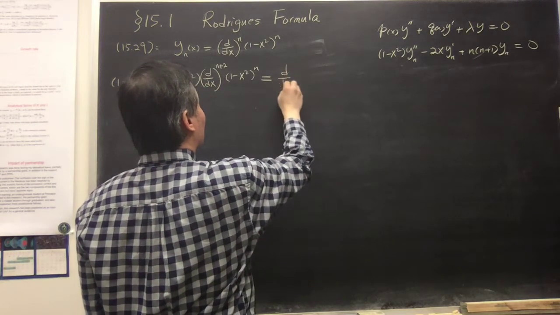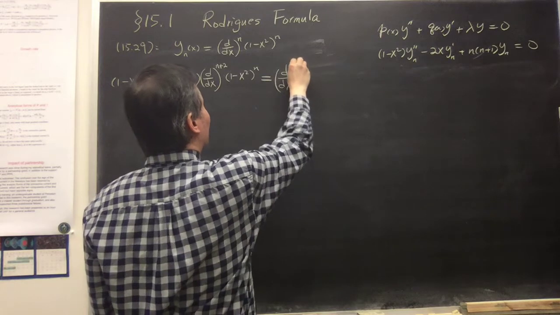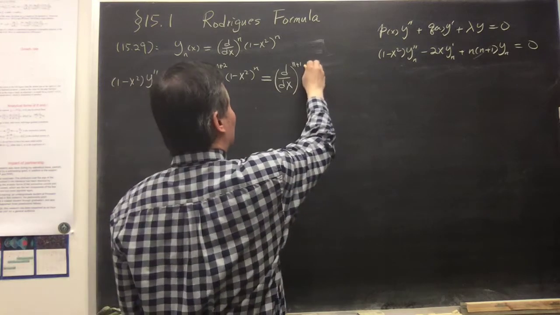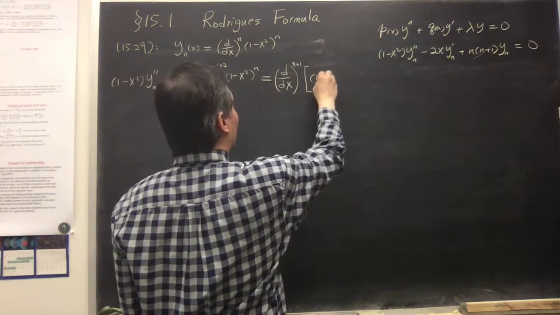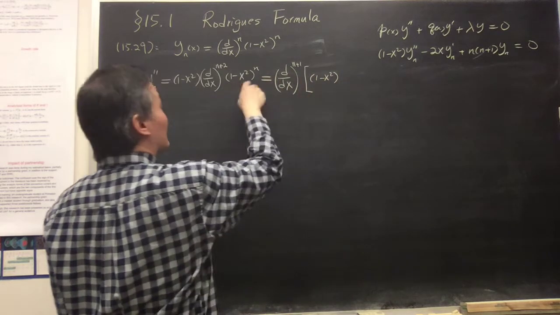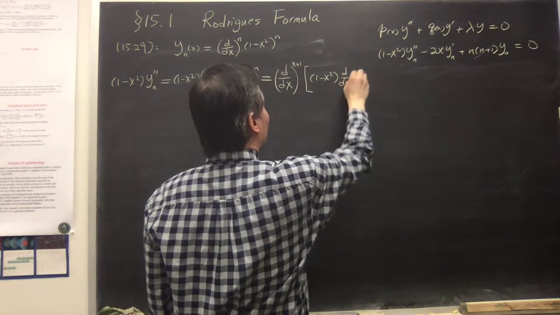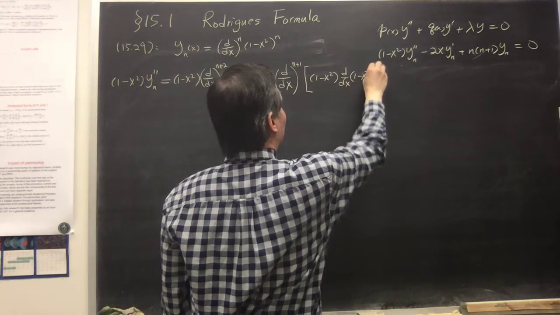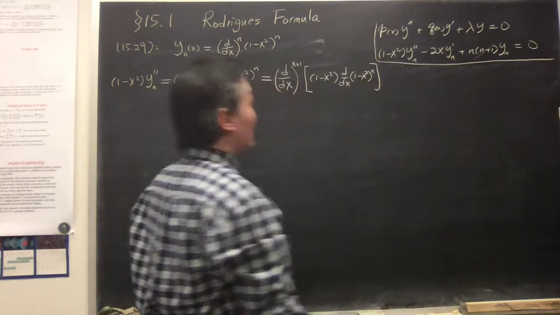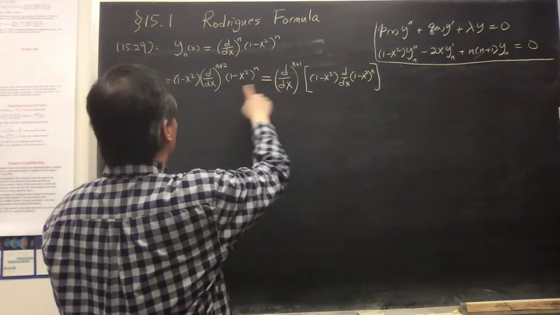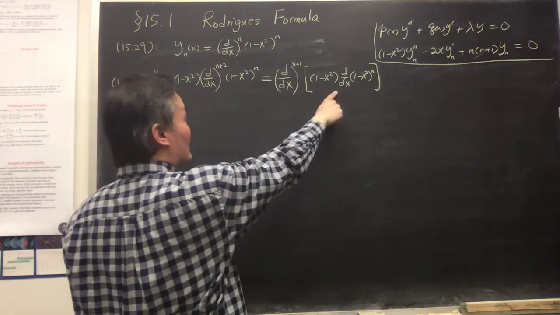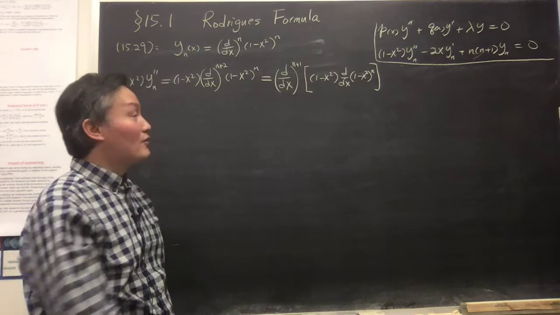So we'll have (1 - x^2) times d/dx of (1 - x^2)^n. Okay, this is not all of them, because this is the n+1 derivative of this one using the Leibniz formula.